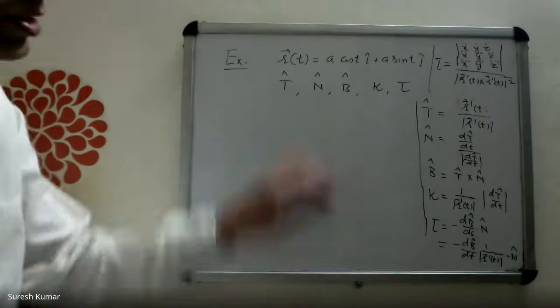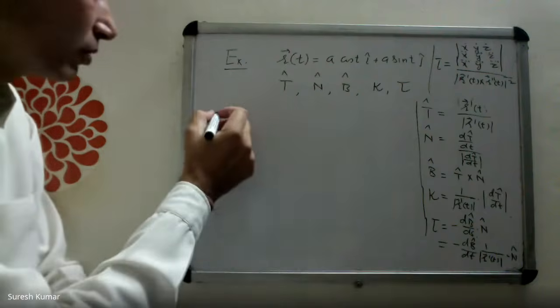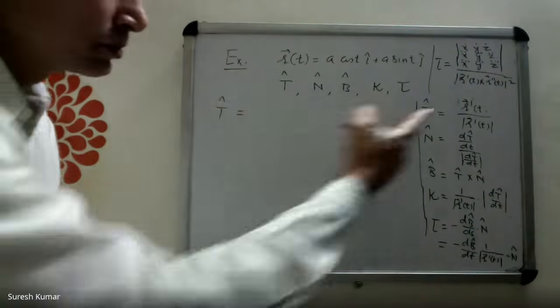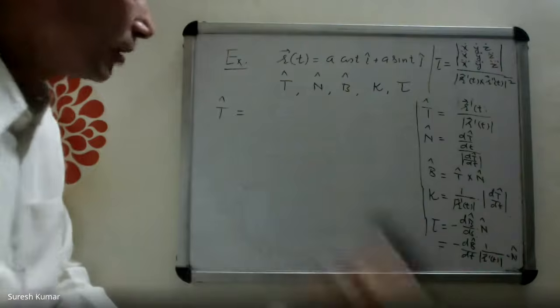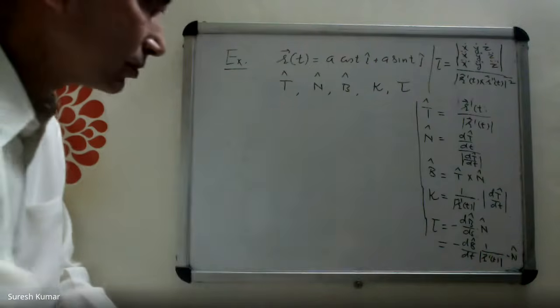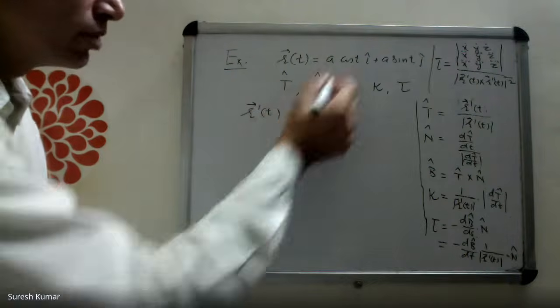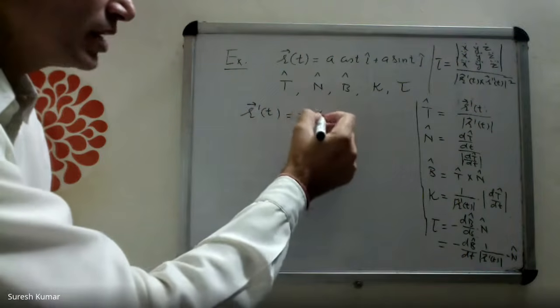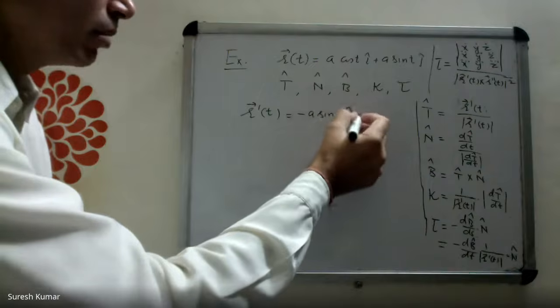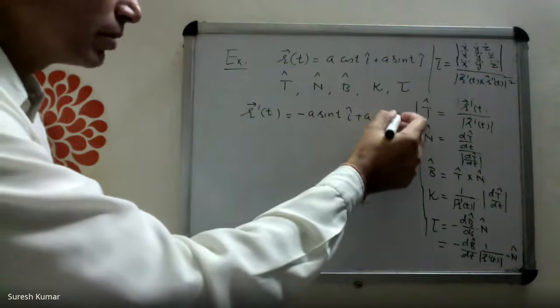All right. So let's start doing the calculations. First T cap. For finding T cap, what do you need to calculate? R prime T first. What is R prime T from here? Minus A sin T i cap plus A cos T j cap.